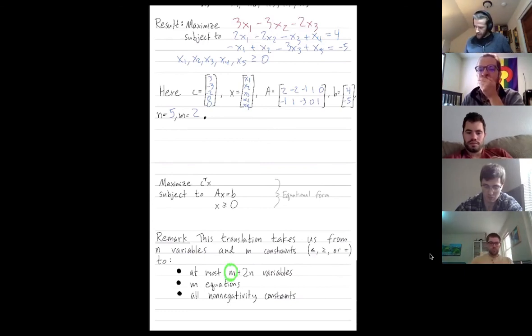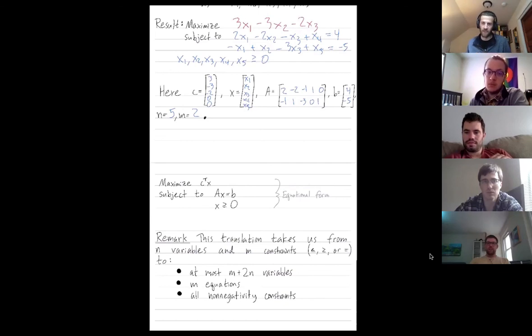And each constraint can give us a slack variable, okay? So I went from n variables to n plus m. The plus n was from duplicating an x1 into an x1 prime and x1 double prime. And the plus m was coming from every constraint could have given me a slack variable.